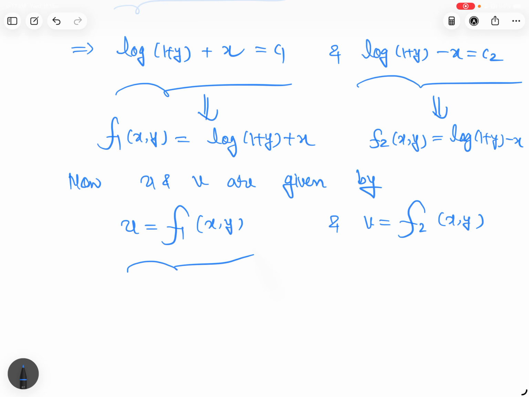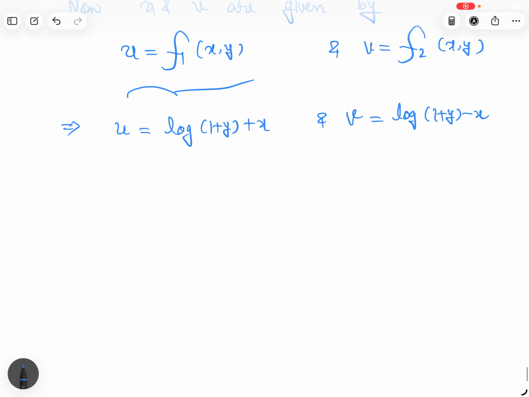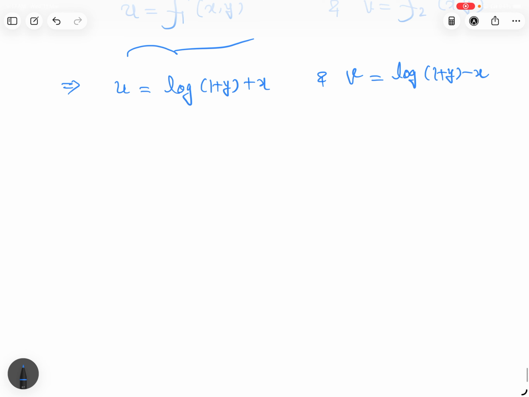Now tell me, what is this then? u is equal to log 1 plus y plus x, and what is v? Log 1 plus y minus x. Then I told you that you have to find this.